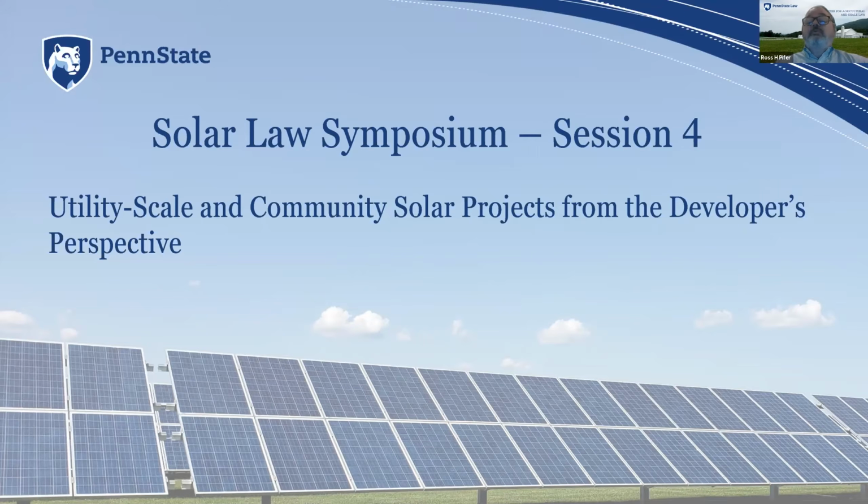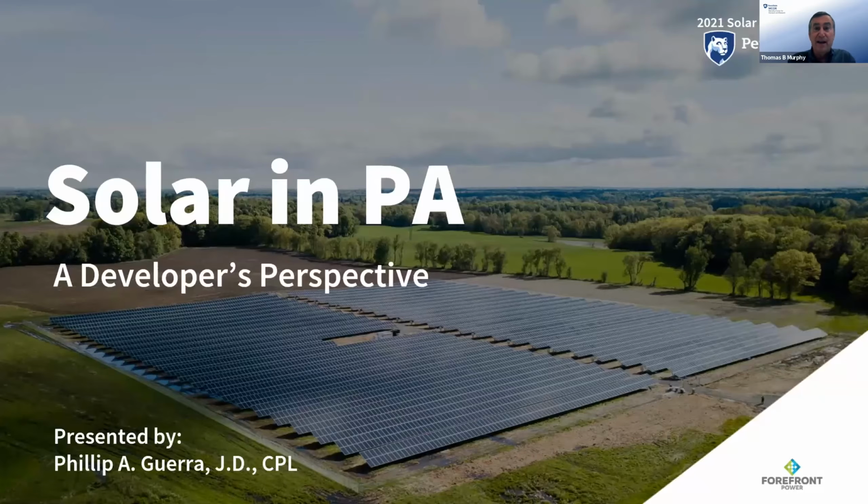Tom kicked off our program yesterday by giving us that bird's eye and ground view of solar development. As Ross had mentioned, we're trying to come at this session today, or introduce the session today, that's going to be giving a perspective from the developer's standpoint when we think about utility scale solar and community solar.